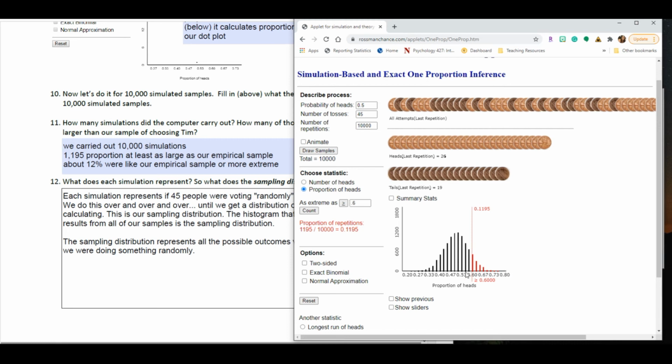So if we had an empirical result that was way out here at like 73%, I'd say, whoa, that is weird, because if they're doing it randomly, we'd expect it to be more towards the middle. But it came out way out here, so that's weird. And this is the basis we're going to be using from here on out when we're talking about p-values and trying to figure out, if we're testing hypotheses, is it this or is it that?